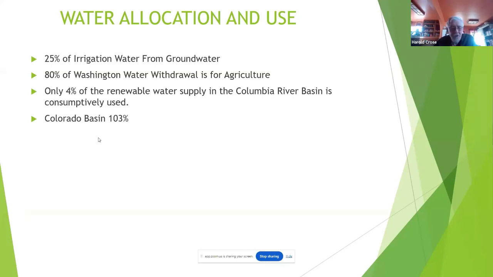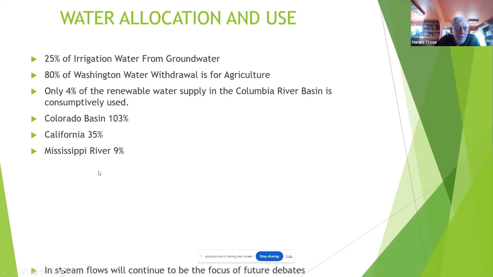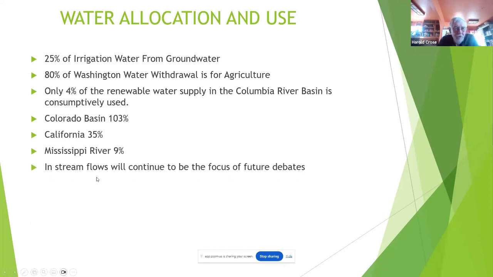As those areas start to go dry, it puts more pressure on the irrigated parts of the country. Particularly, the Columbia Basin is seeing some interest from growers in California and other places wanting to come into the Columbia Basin. California has 35% of their water allocated, and Mississippi 9%, and in-stream flows will continue to be the focus of future debates.